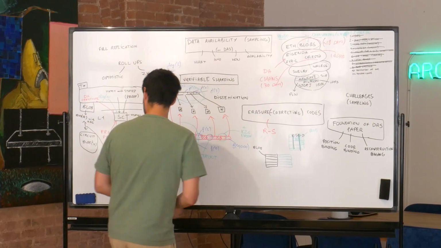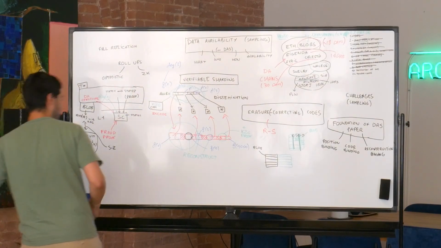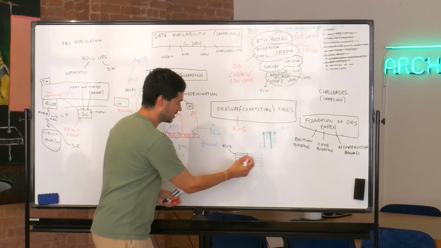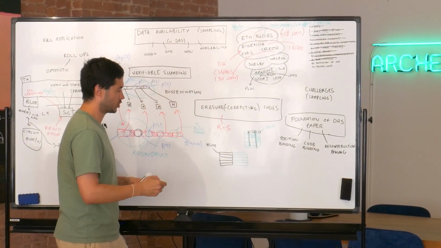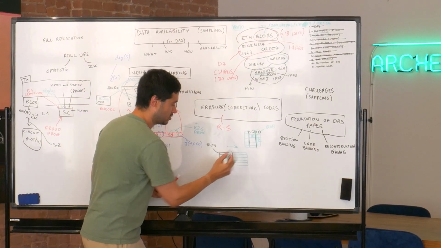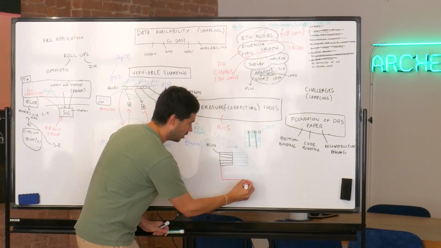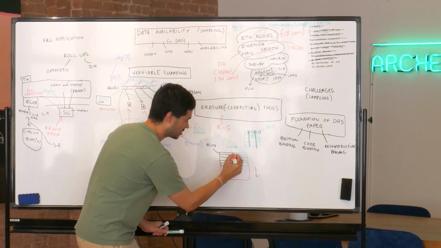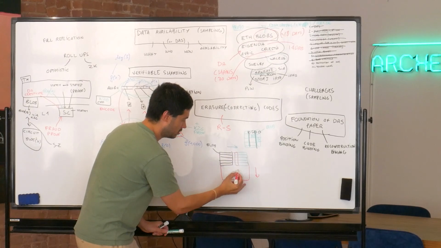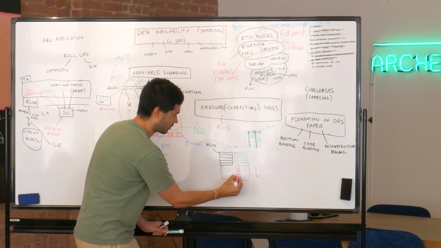It's just a tidbit. All right, so we extended each row, and then we're going to encode the columns. For example, if you take a column here, you can encode it, and it gives you this longer column.